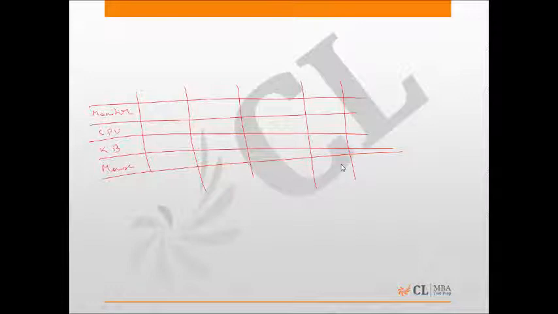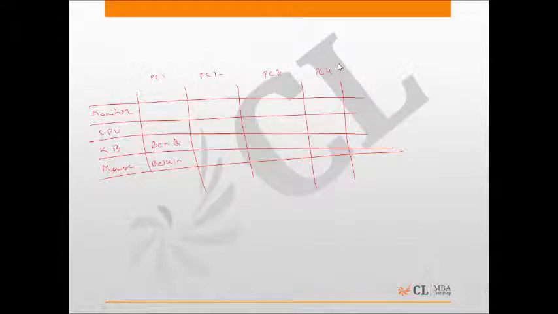I'll start solving each and every point one by one. The first point says that he fits Belkin mouse and BenQ keyboard in the same PC. So I'll put a Belkin mouse and BenQ keyboard in the same PC. Let's say this is PC1, this is PC2, this is PC3 and this is PC4.